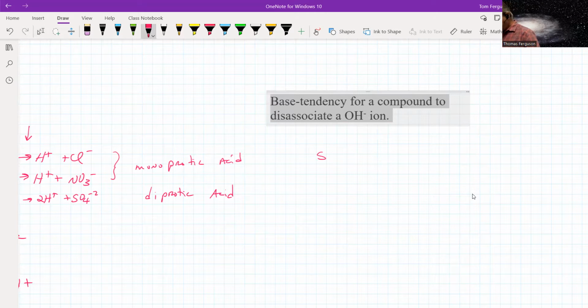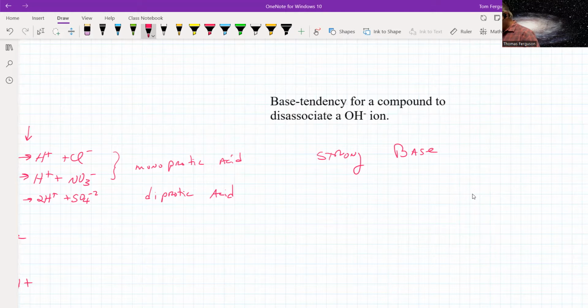Okay, so we have strong bases. The two I want you to know are sodium hydroxide and potassium hydroxide. Sodium hydroxide is called lye, and frequently lye has a whole bunch of potassium hydroxide in it.